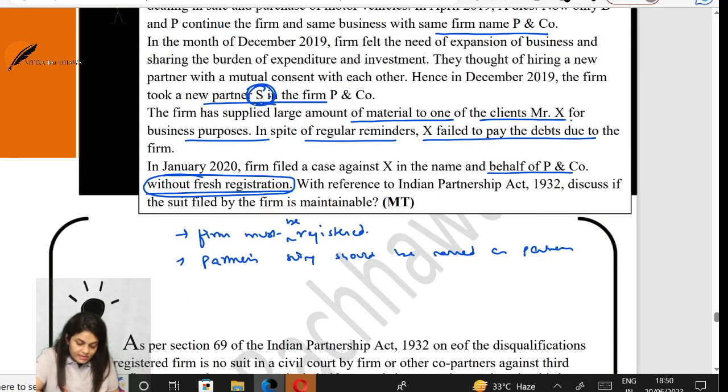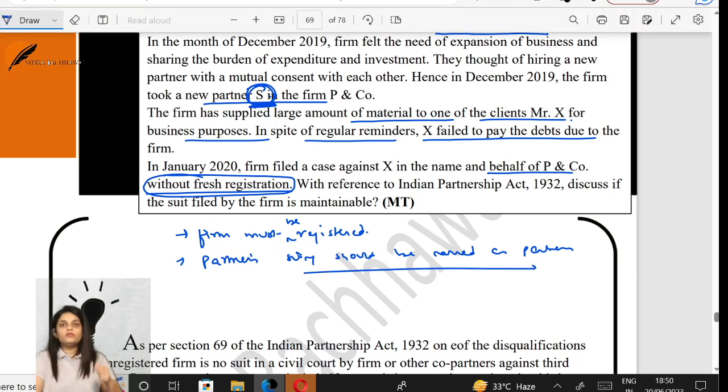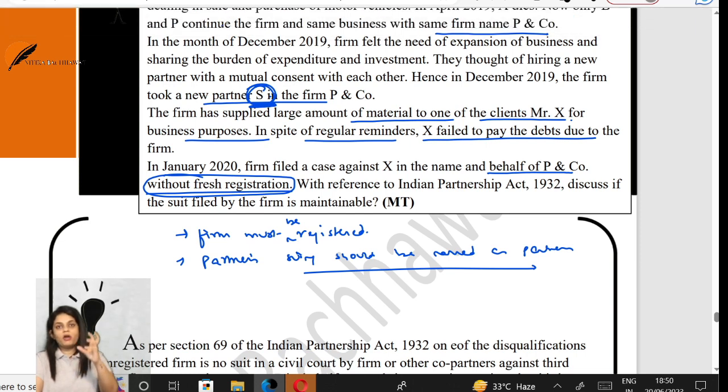When we say partners should be named as partners of the firm, that means in the records of the registrar, the name of the partner should appear. Since fresh registration was not done, S is not recorded as a partner. So S's name is not there in the register.